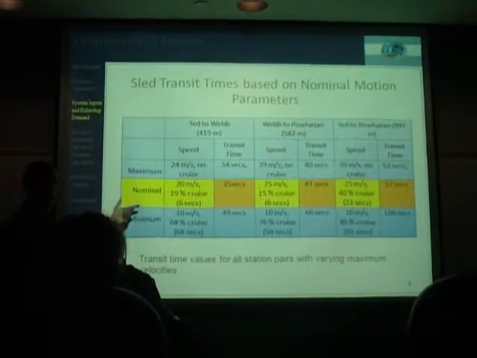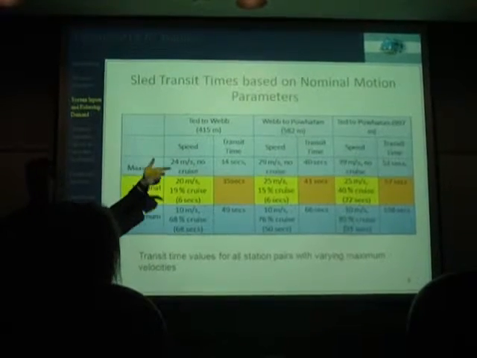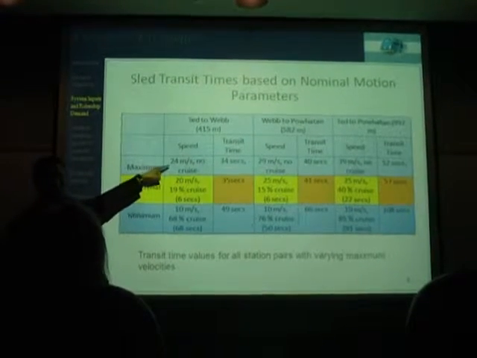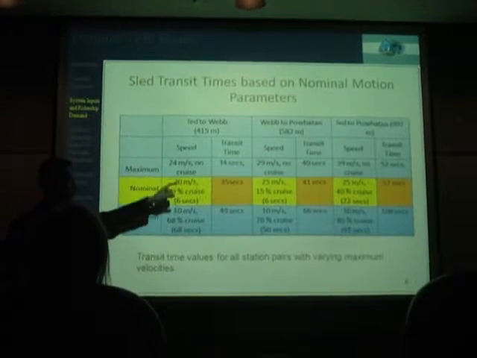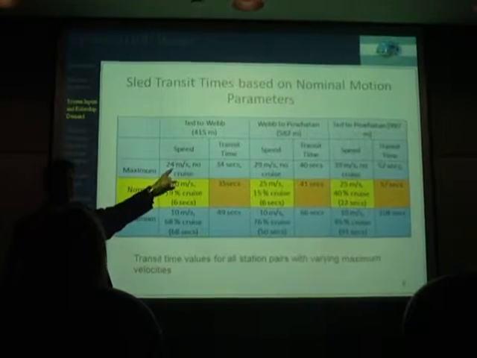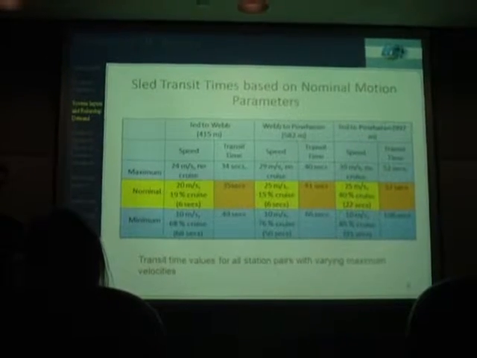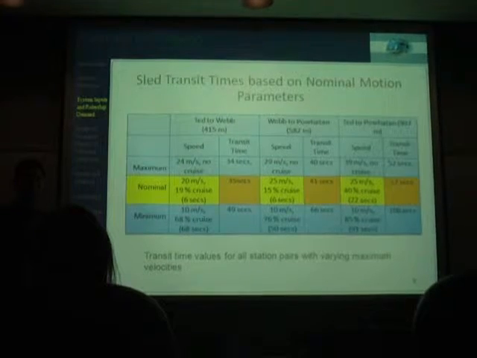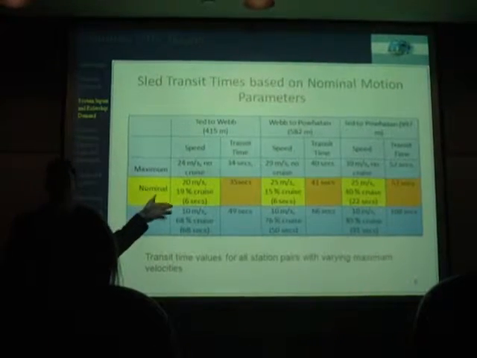What is important to note here is that using the kinematic equations I used earlier, I was able to get the maximum speed possible, which is 24 meters per second. But you don't have to go all the way up to 24 meters per second, because it's like speeding and then suddenly you brake. So you need some cruising.